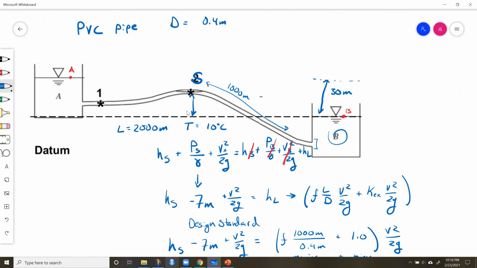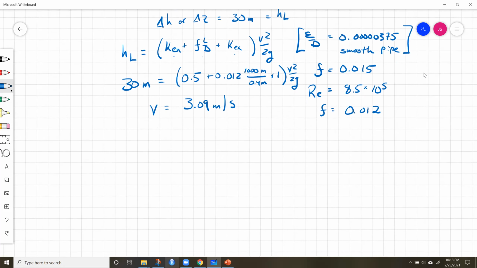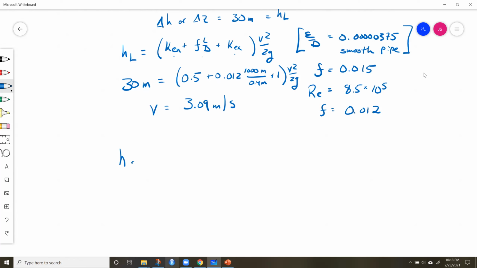And we'll remember that HS is this rise, this elevation that the pipe can take in order to avoid cavitation above the surface of that reservoir B. So HS is equal to 7 plus, and then our major and minor losses, we know that our f is 0.012, our length over our diameter, plus our exit loss, all times v squared over 2g, and then we brought over that other v squared over 2g that was on this side over here.